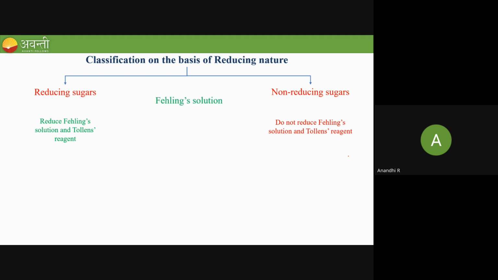Those compounds which reduce those two are called reducing sugars, and those which do not reduce them are called non-reducing sugars. To Fehling's solution, if I add a particular carbohydrate and no change occurs, it is called non-reducing. And if I add a carbohydrate to the same solution and the color changes to red, then the given compound is a reducing sugar.